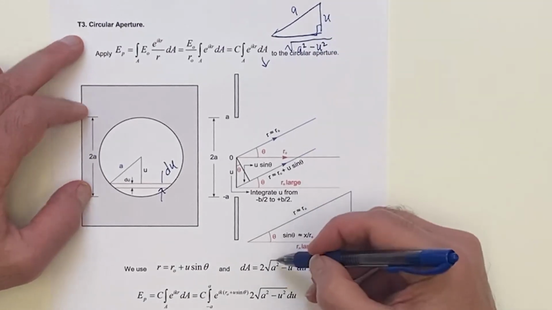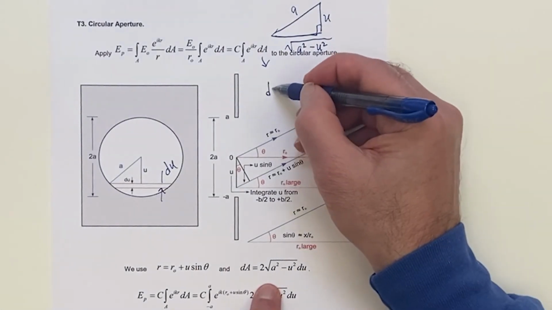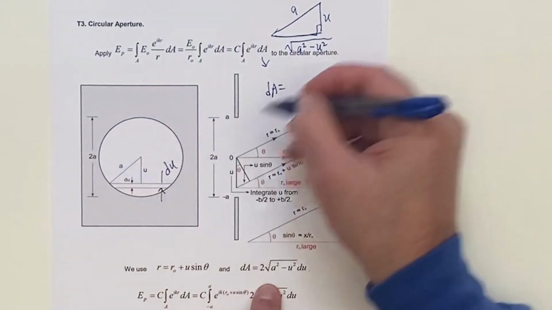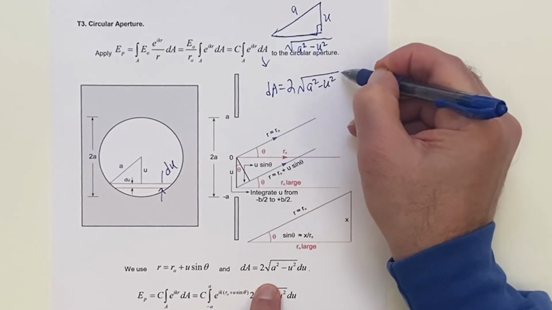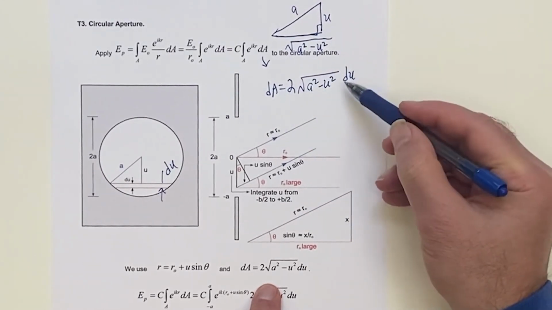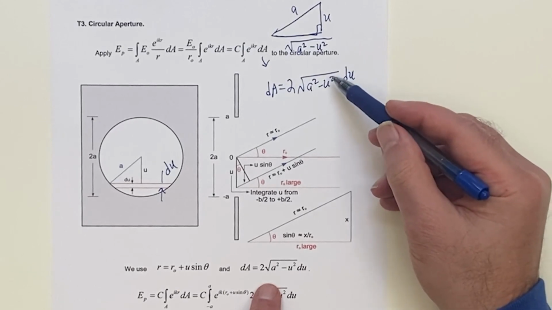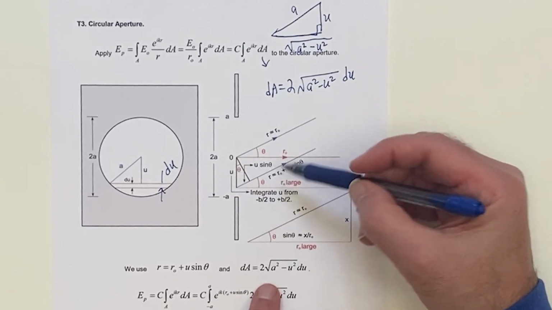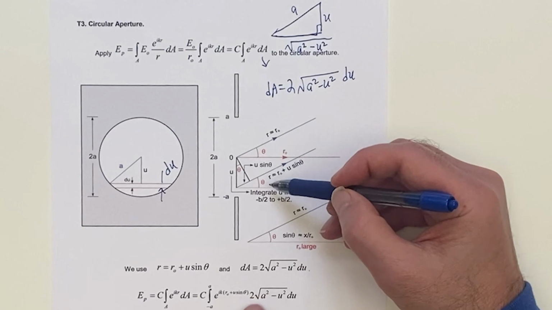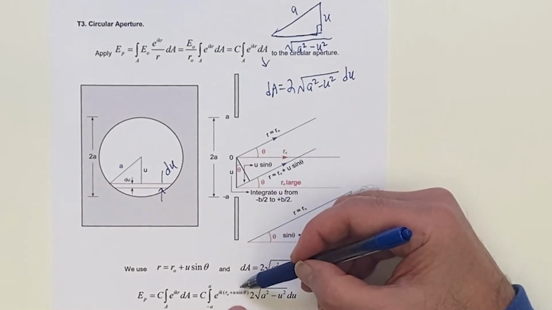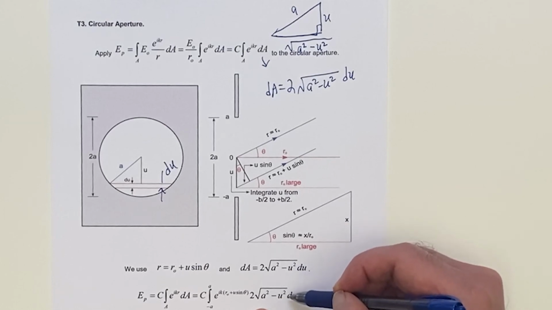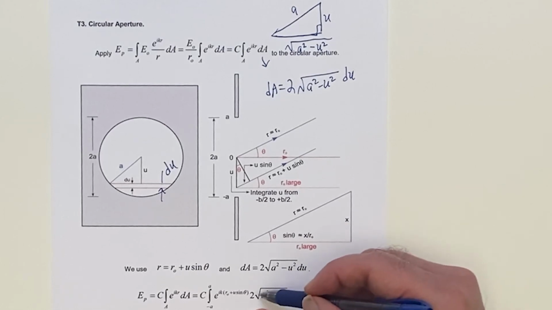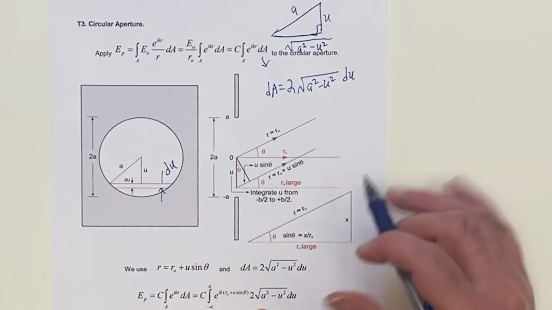And then I'm going to need 2 of them because my dA is going to be that strip: 2 times the square root of a squared minus u squared du. So all I have to do is the same integral that I did before, the same setup as before. It's just that instead of just having the du, I'm going to have this because I have the 2 dimensions.